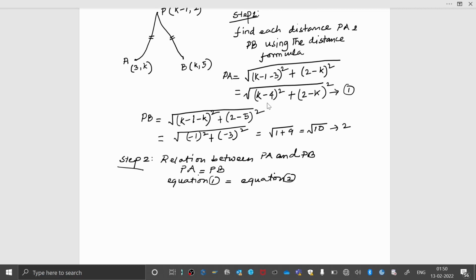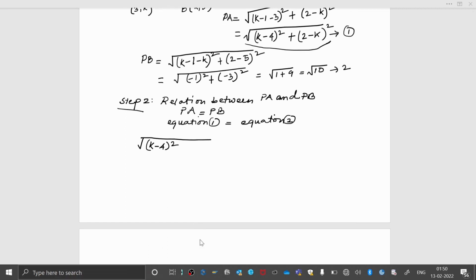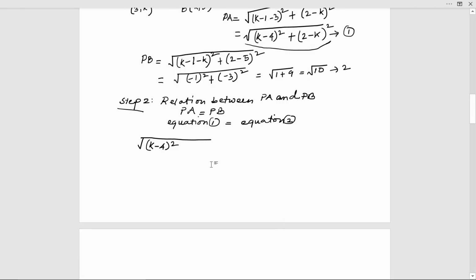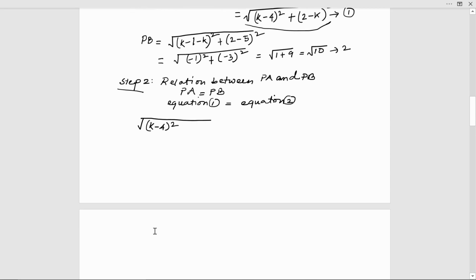So what is my equation 1? This is my equation 1. So I can write square root of (k minus 4) square plus (2 minus k) square is equal to root over 10.